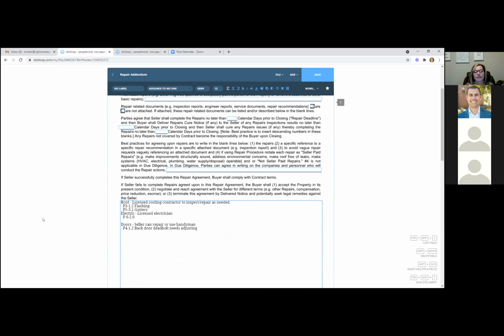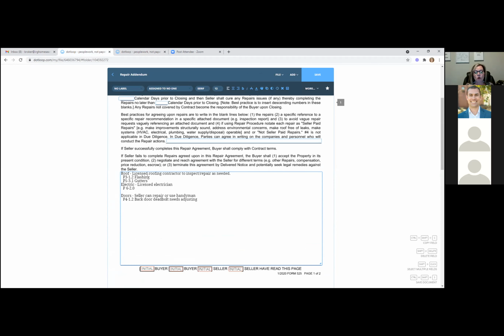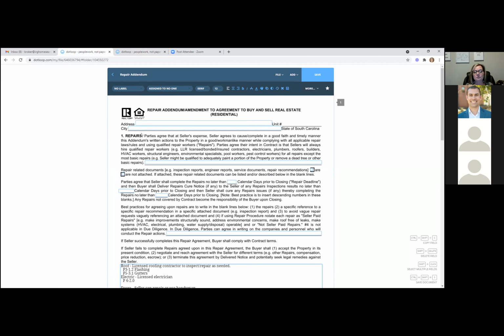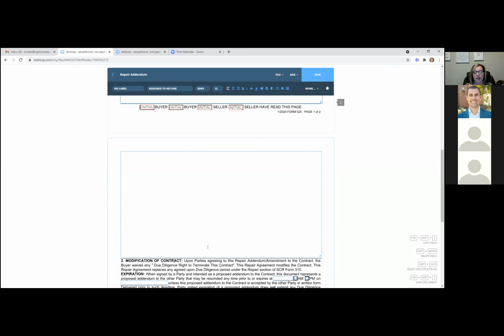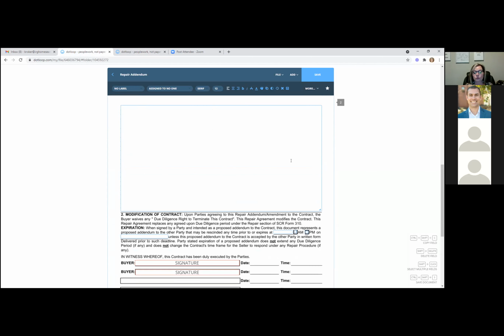LLR says that this part of the contract, right here, this paragraph, is for repair addendums. They say that this page is for due diligence repairs. They say you shouldn't carry over your repairs on this part of the contract because this was intended for due diligence repairs here.